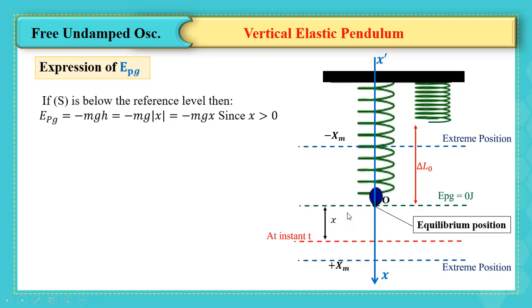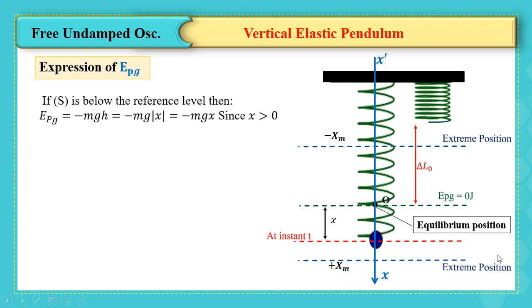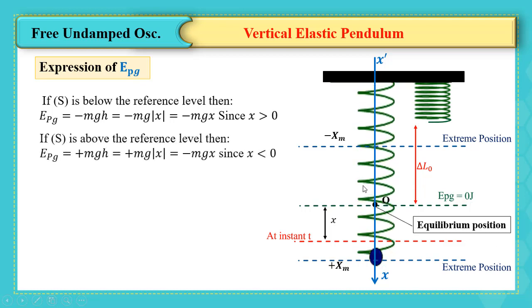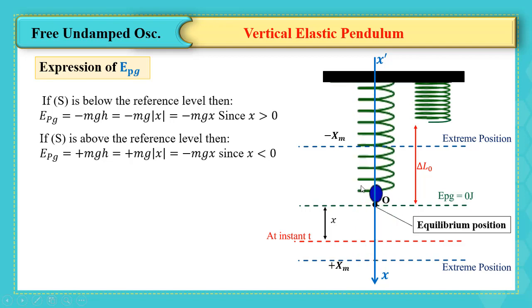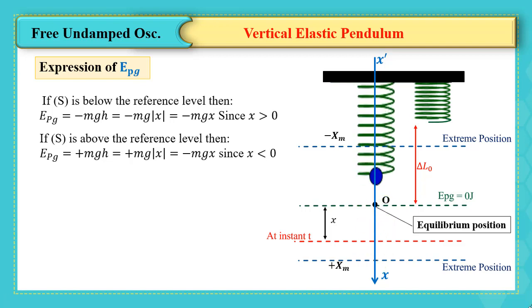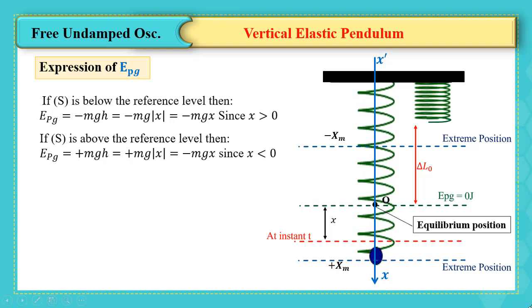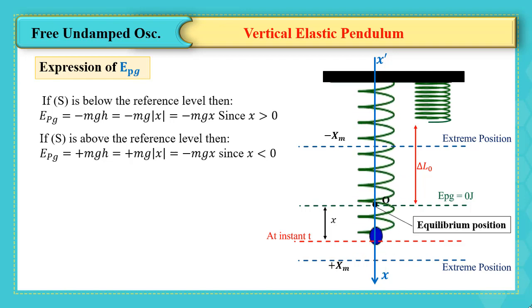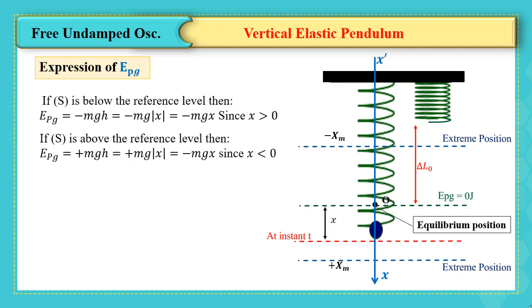But if S is above the reference level, then the gravitational potential energy is plus mgh, which is plus mg times the absolute of X. Because X is negative, the expression is minus mgx, where negative X gives a positive answer.